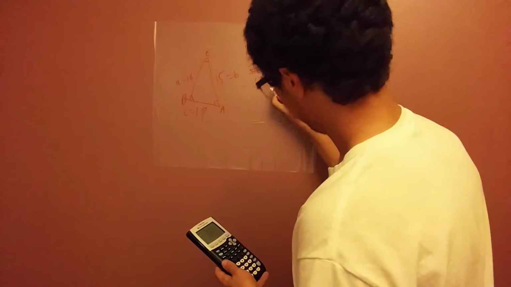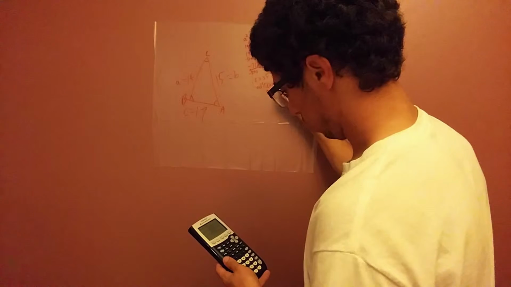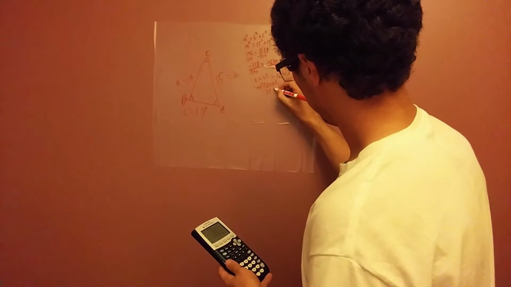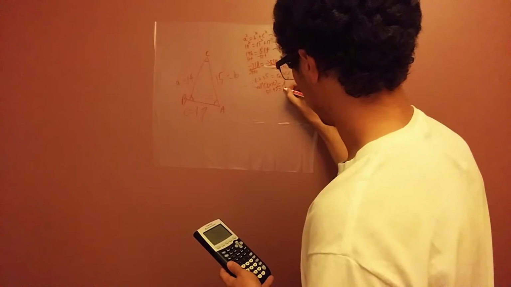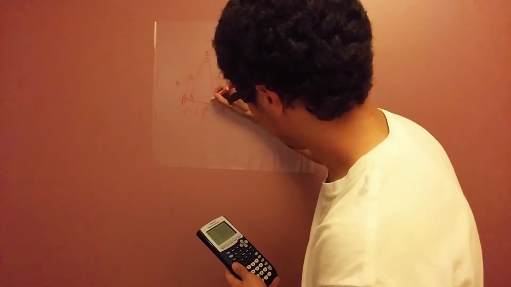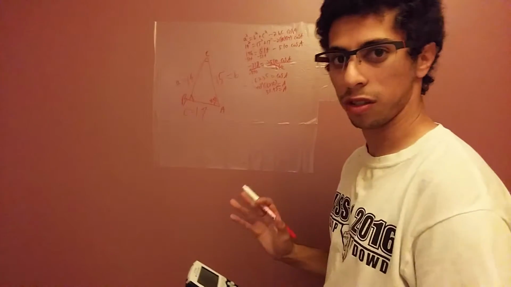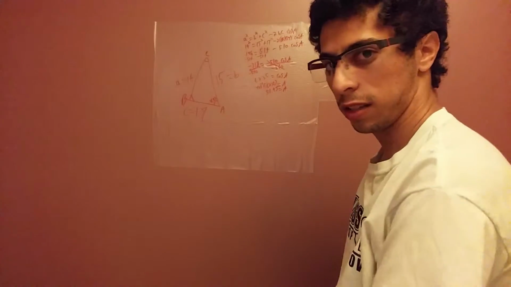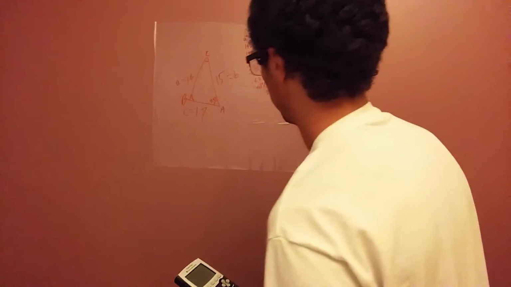So that's 51.43 degrees equals A. So now you have this angle, 51.43. Now you can use the law of sines to find and solve for the rest of the angles.